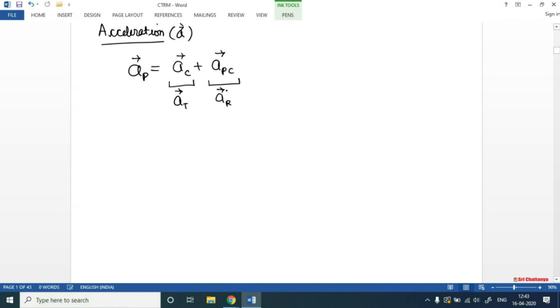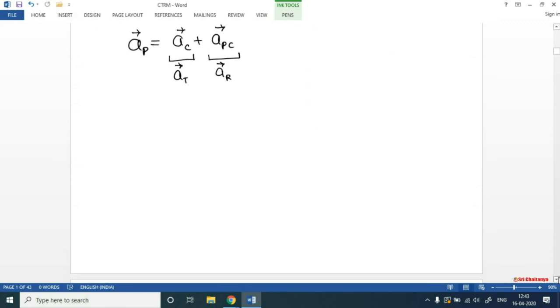So if we assume that a point is undergoing circular motion about its center, then any point will have two components of acceleration, and that would be tangential as well as centripetal. So let's take one very simple example. Let's say this is a round body, and this is undergoing combined translational and rotational motion, and this has acceleration a naught, and let's say its angular acceleration is alpha, and at the same time we have information about angular velocity omega also.